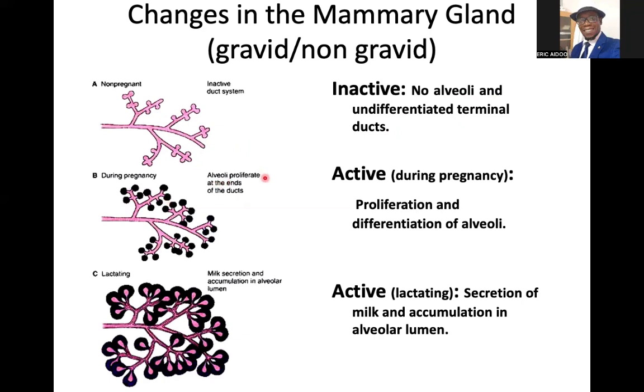So alveoli proliferate at the ends of the duct. So during pregnancy, proliferation and differentiation of alveoli. And then during lactating, that is when breastfeeding is ongoing, milk secretion and accumulation in the alveolar lumen. So this is active lactating, secretion of milk and accumulation in the alveolar lumen.